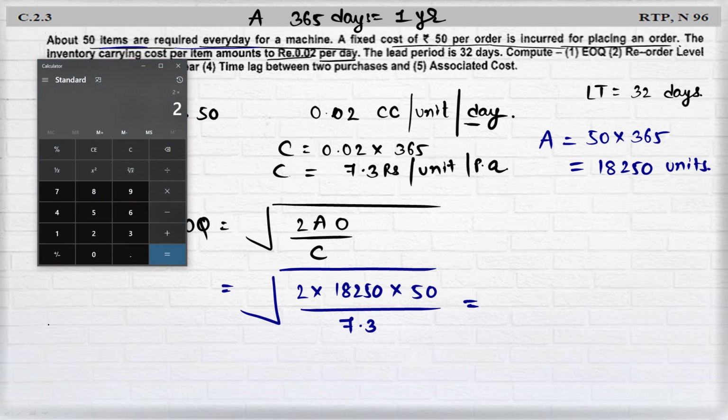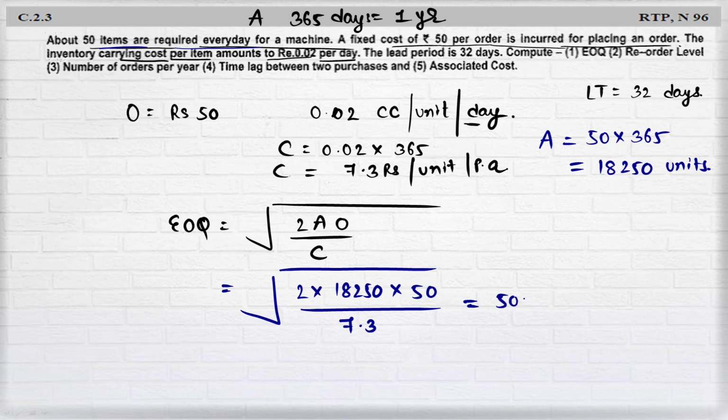It is 2 into 18,250 into 50 divided by 7.3, which is equal to under root, which is 500 units. Or you can even write down 500 items.